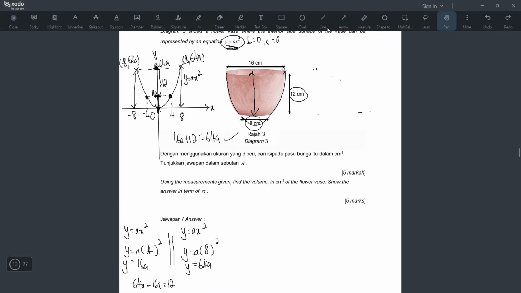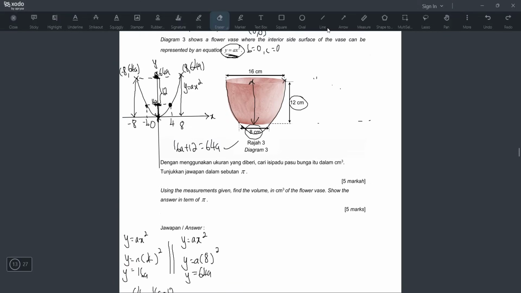Because if I know my a, it means I know a lot of stuff already. I know the thingy here is no longer 64a. It will be 64 divided by 4, which is 16. Same thing here, 64a. I already know my a is 1 over 4, right? And what is 64 divided by 4? 16. It means that I can erase this also and write 16.